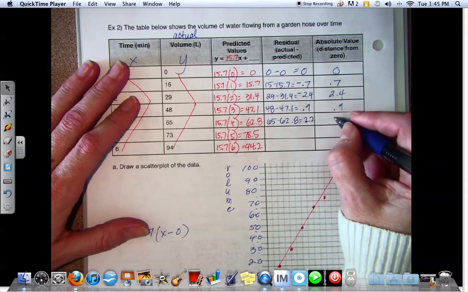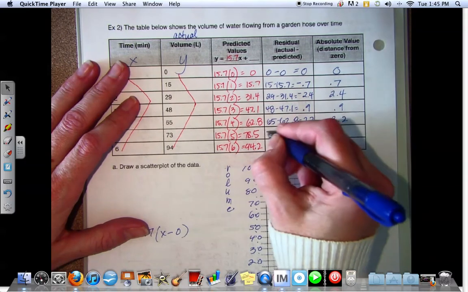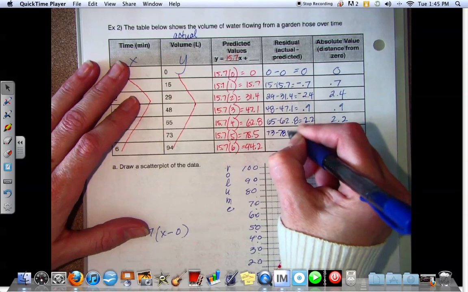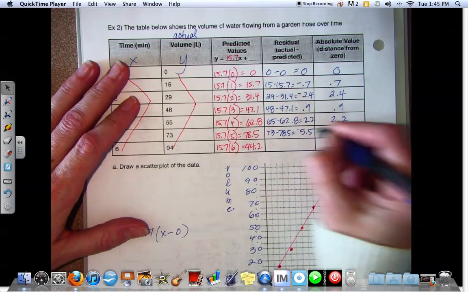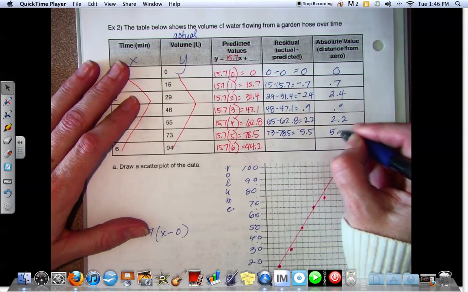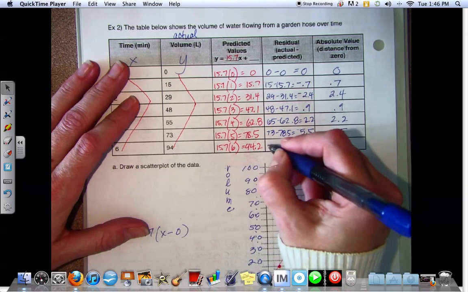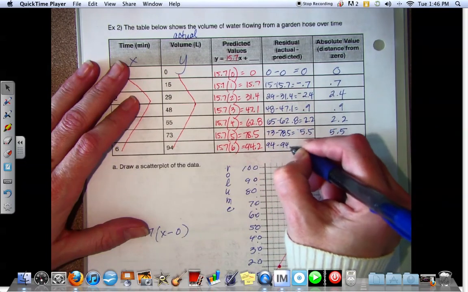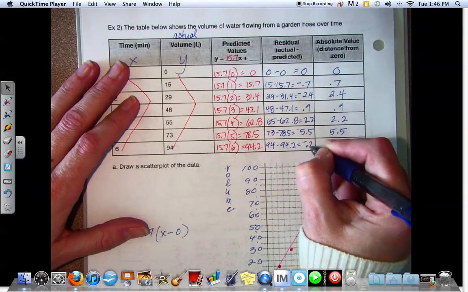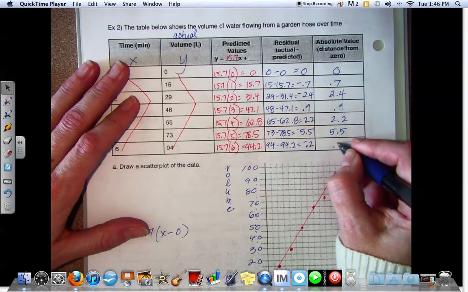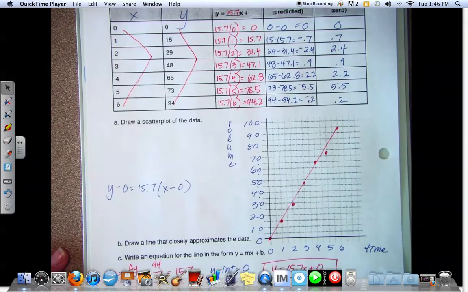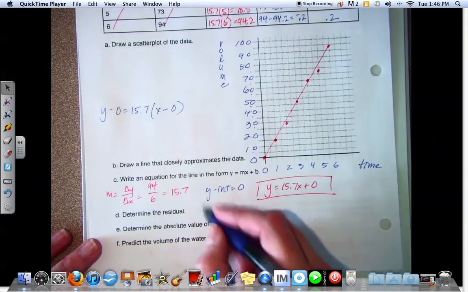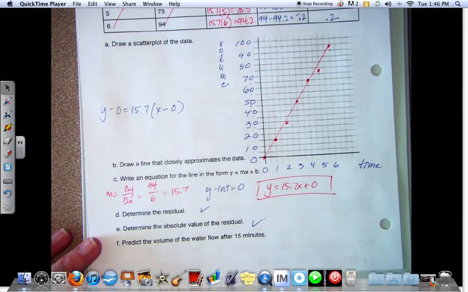Absolute value? 2.2. 73 minus 78.5 is negative 5.5. Absolute value? 5.5. 94 minus 94.2 is negative 0.2. Absolute value. We're slowly turning into robots now. So we have the residual, absolute value of the residual.